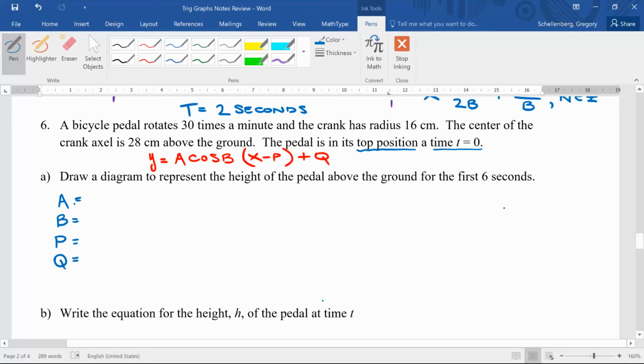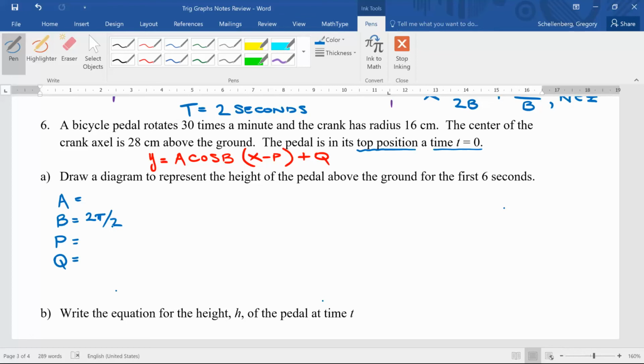Okay, so a bicycle pedal rotates 30 times a minute. From that, we get that our period is 2 seconds. So our b value can be 2 pi divided by 2. Okay, yes, that simplifies to pi, but we're going to leave it as 2 pi over 2. Okay, the crank has a radius of 16 centimeters.